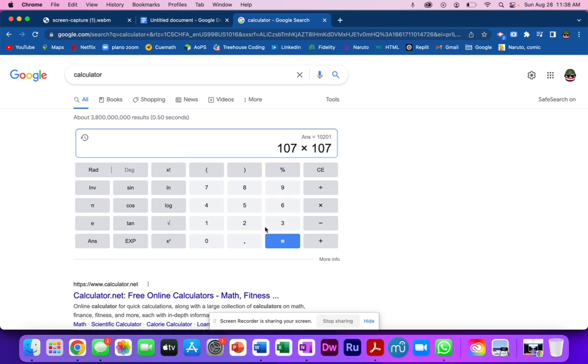Well, you're going to add 14. So you add 100 plus 14, 114, and then you attach the units. It's 11,449. If you don't get what I'm saying, I might make a video on this later.